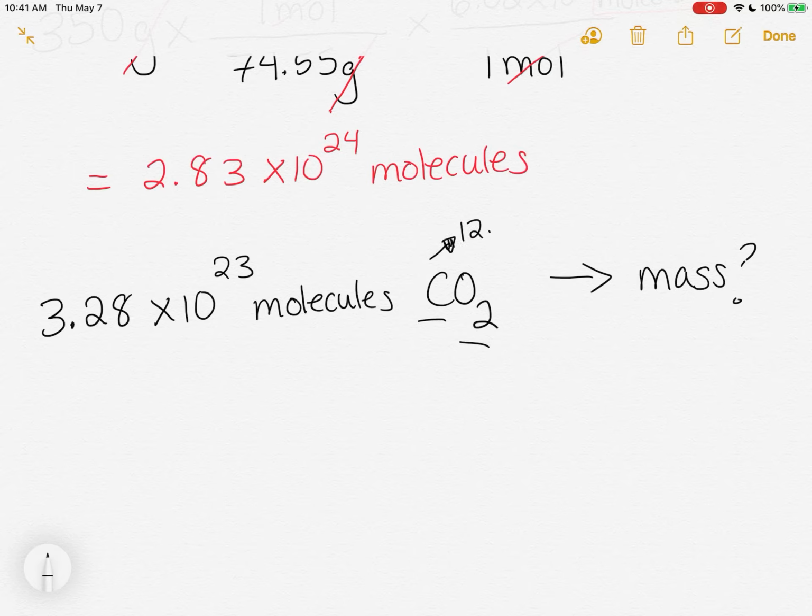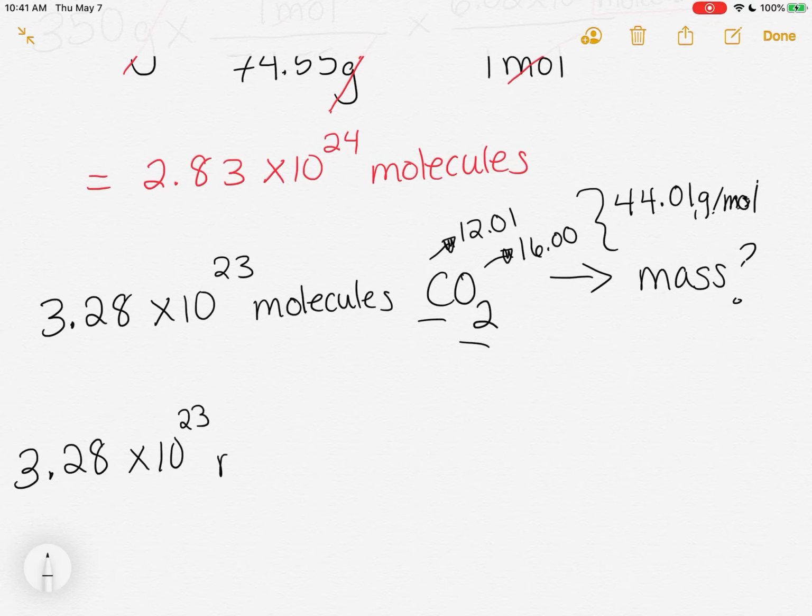So first thing I want to make sure I have is my molar mass. So carbon I know is 12.01, oxygen is 16, and don't forget there's 2 of those oxygens. So molar mass for carbon dioxide is 44.01 grams per mole.